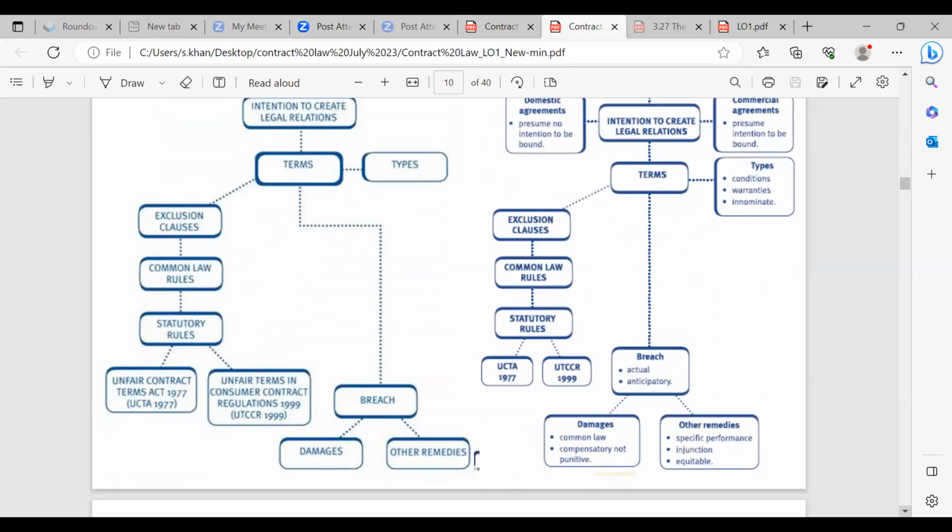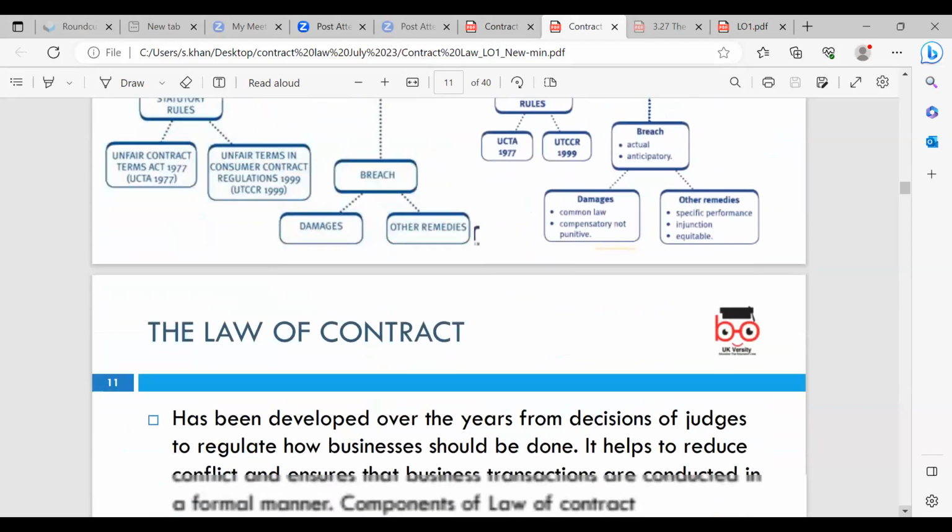If the terms are breached in a contract, this diagram identifies that you will be awarded damages or other remedies, which is specific performance or any sort of injunctions or anything like that. So if a contract is breached, you would be awarded the damages. And in breach, we say that, in regards to the terms, if the terms are breached and they're not followed, then damages and other remedies are awarded.